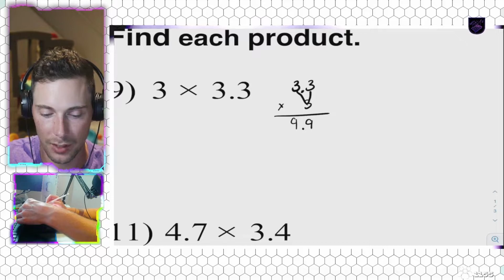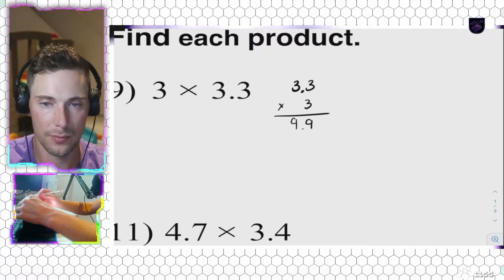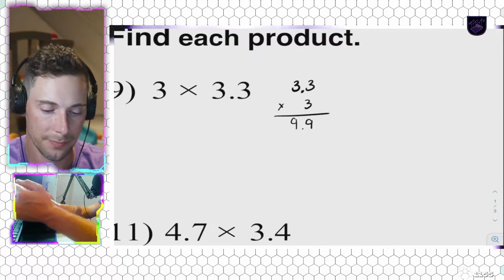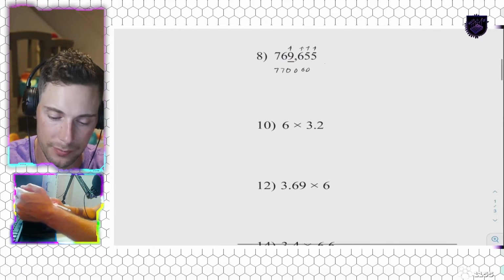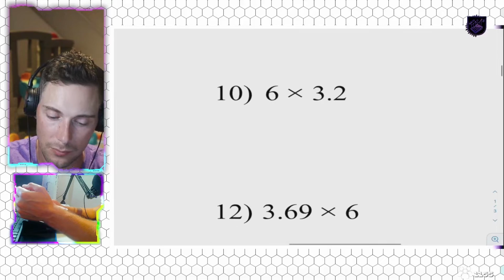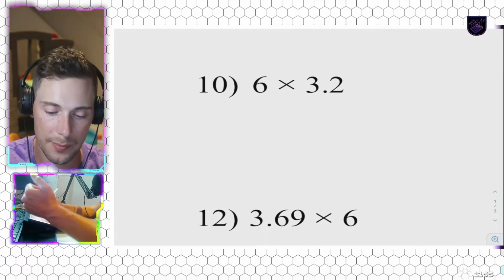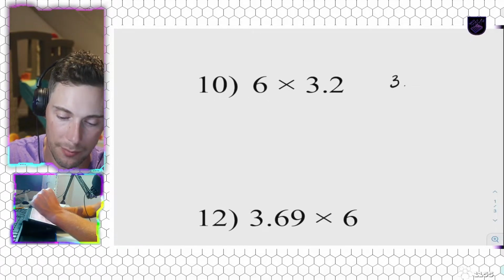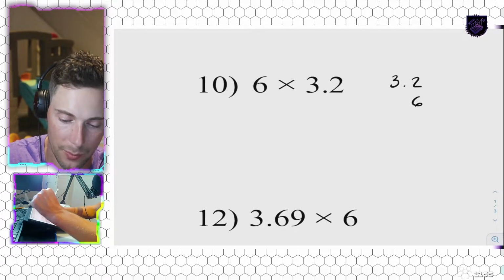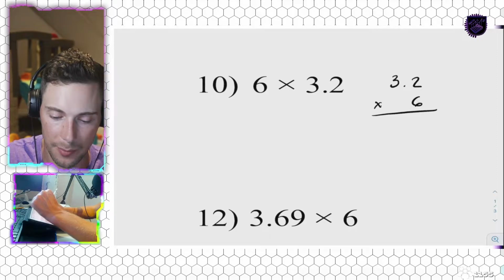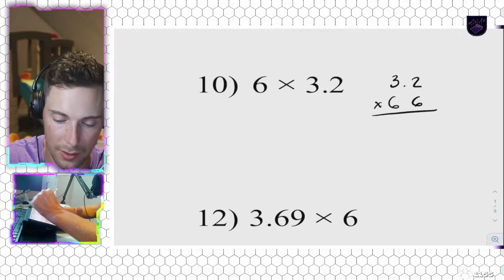So I'm going to start moving a little bit quicker through these. Question number 10. 6 times 3.2. So we're going to go 3.2, write our 6. We're not going to line up the 6 like here, 6.0.